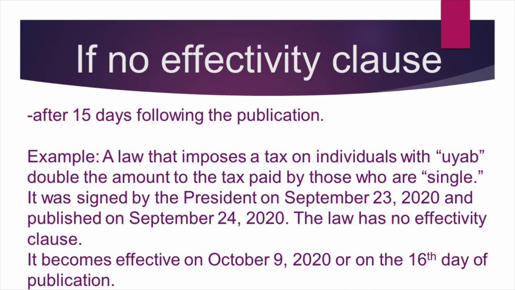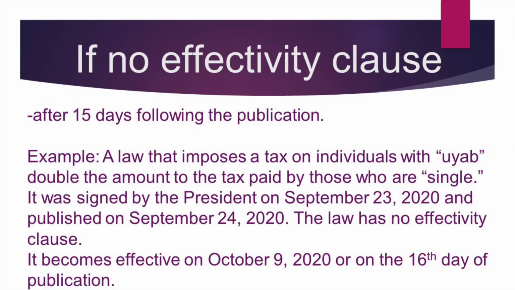Now, what if there's no effectivity clause? What if there is nothing in the law that provides for the date of its effectivity? Then we go to Article 2, which provides that laws shall take effect after 15 days following the publication, or following the completion of its publication.